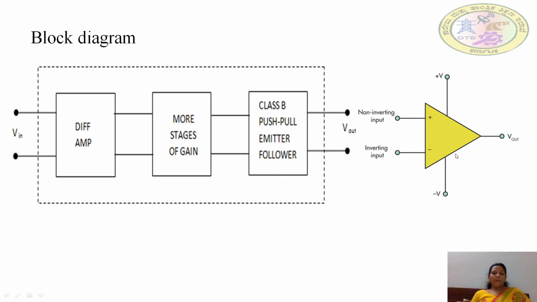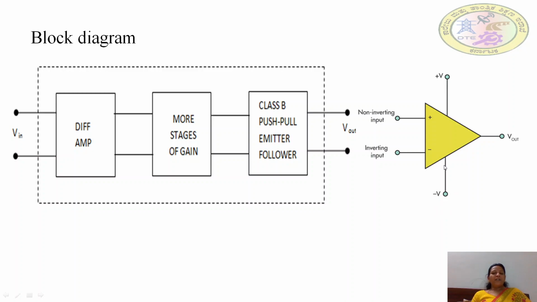For the operational amplifier to work efficiently, it requires both positive as well as negative voltages for its operation. The signal to be amplified, which you give at the input, always swings between this plus voltage and minus voltage.